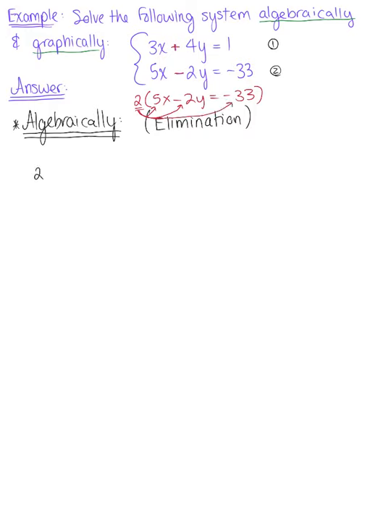So again, we're going to do 2 times equation 2, and we're going to add it to equation 1 to eliminate the y variables. So 2 times equation 2 gives us 10x minus 4y is equal to minus 66.